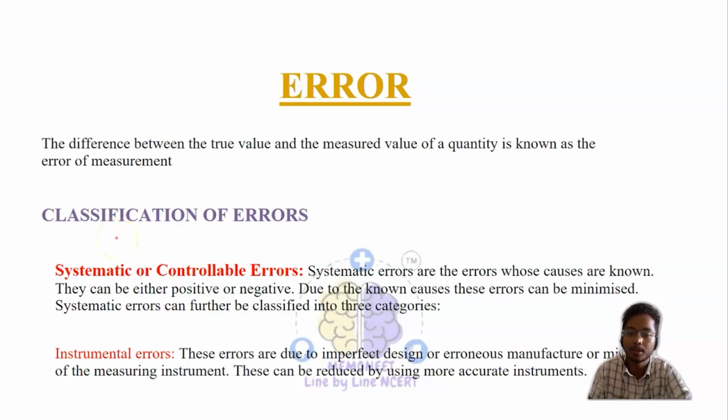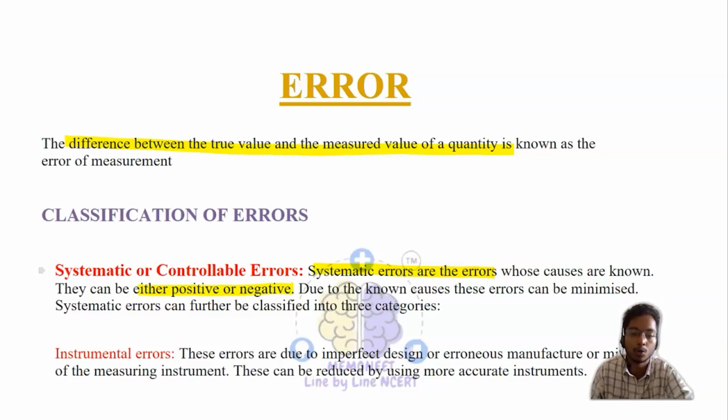The difference between the true value and the measured value of a quantity is known as the error of the measurement. If we classify error into different types, first there are systemic or controllable errors. Systemic errors are the errors whose causes are known; they can be either positive or negative.